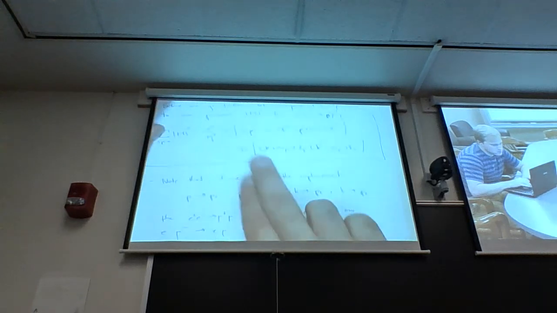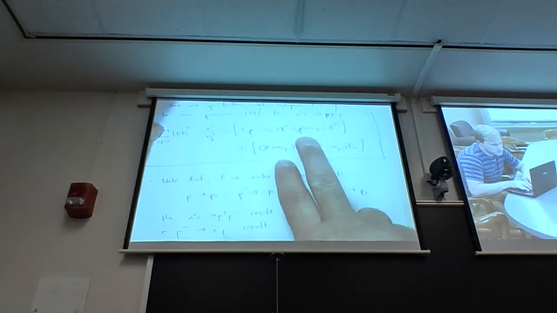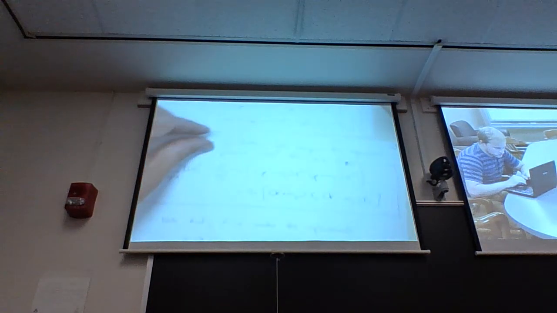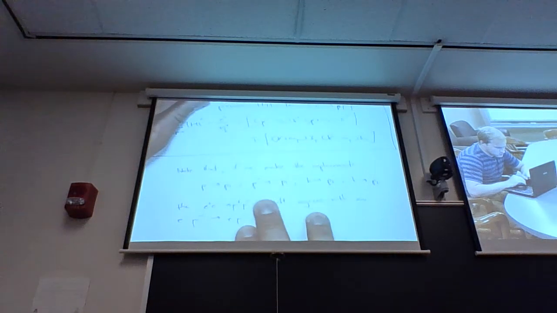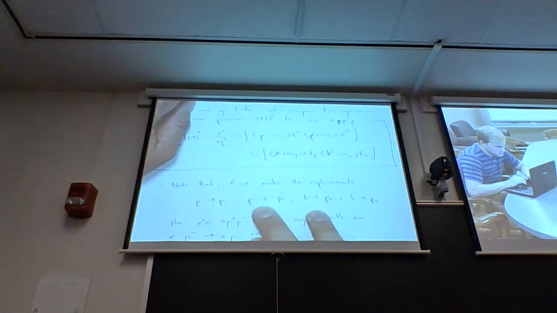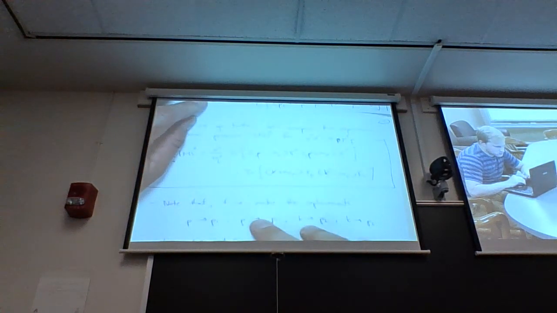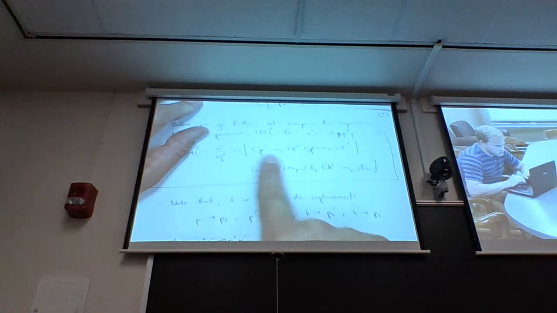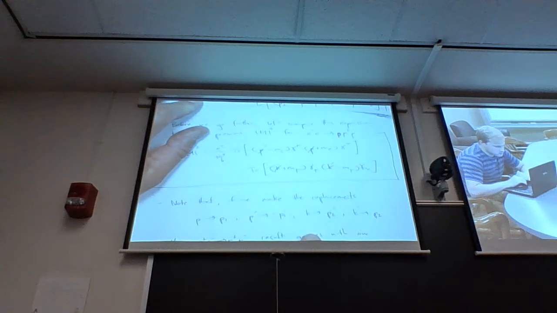If I take P to be P1, which would have been the momentum of our electron, and take P prime to be minus P1 prime, then I can factor out a minus sign.